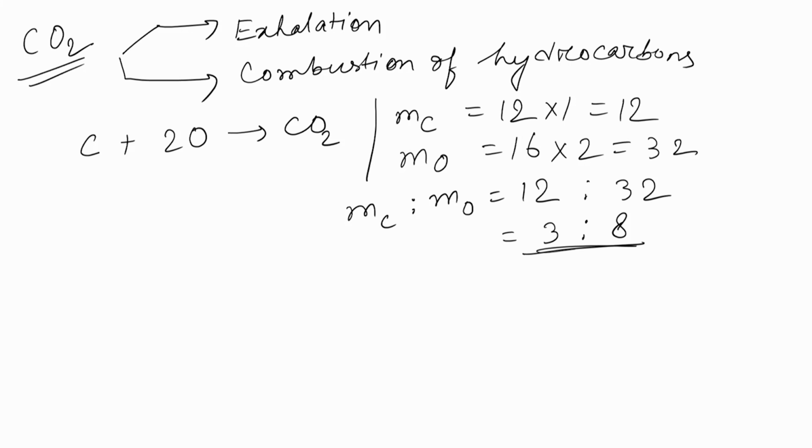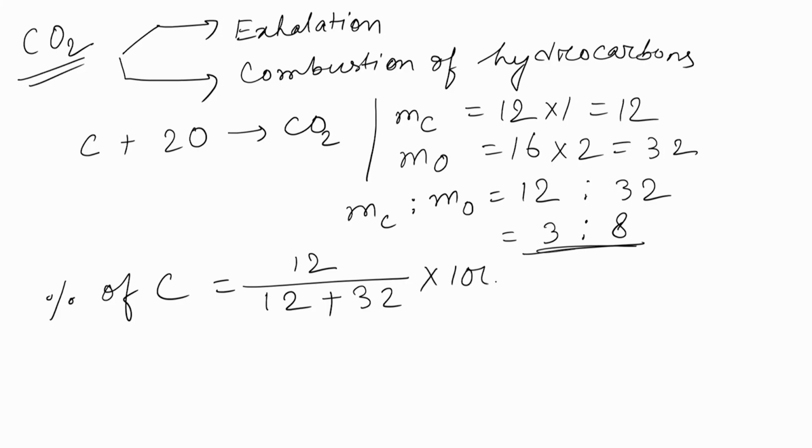Now, if we calculate the percentage of carbon, 12 divided by 12 plus 16 into 2, that is 32. This is the total mass of carbon dioxide and this is the mass of carbon.